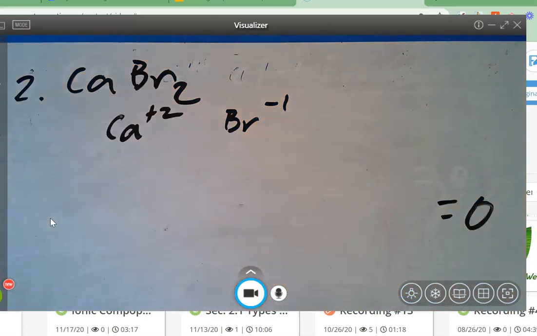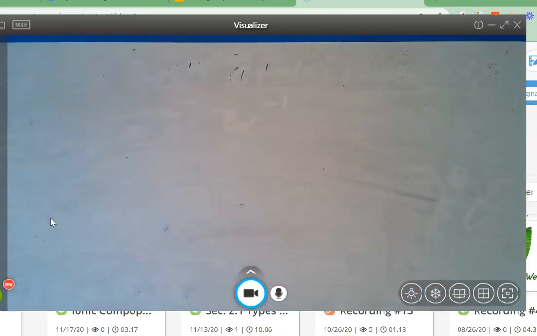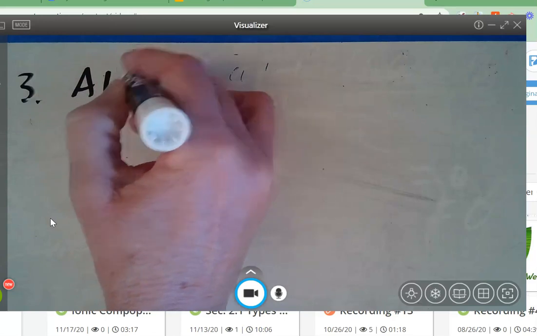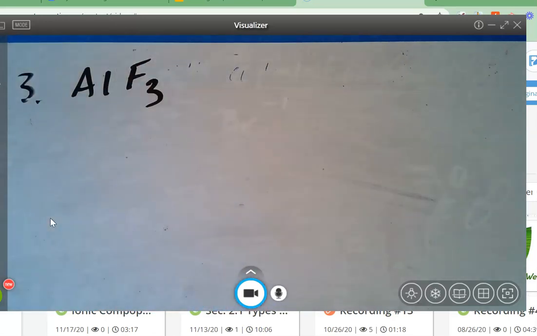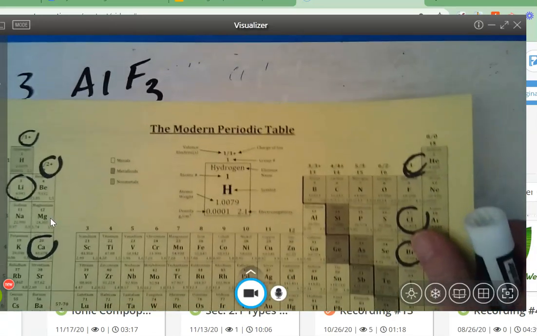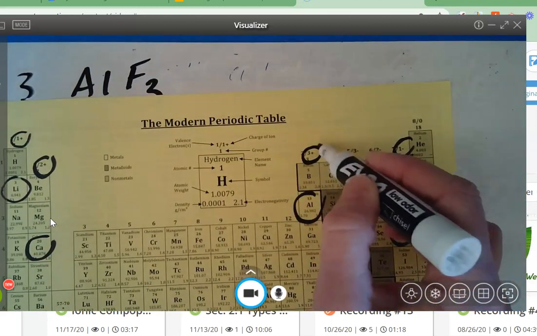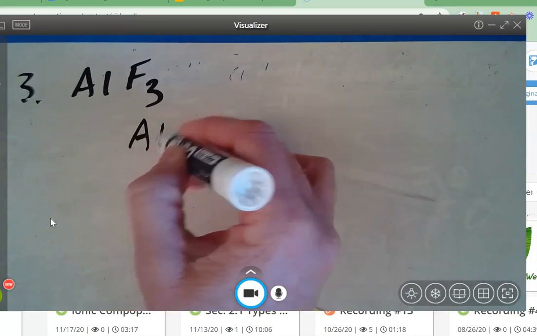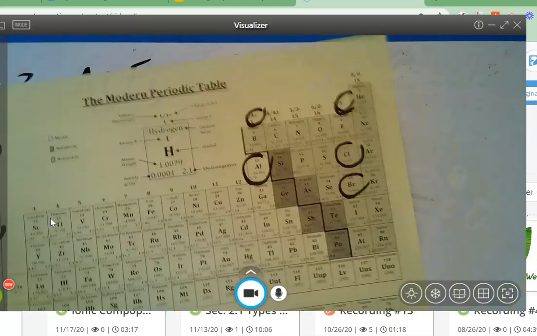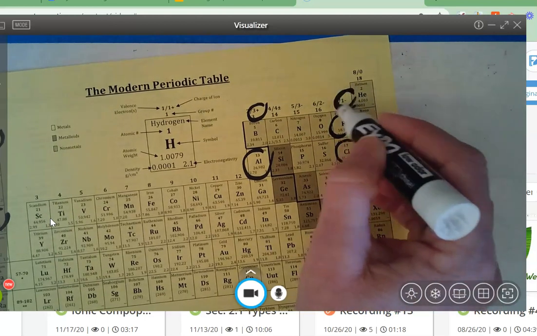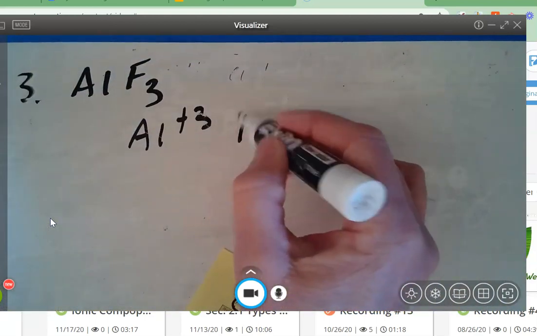All right, I'll do this one more time for the aluminum one. All right, example 3 was aluminum fluoride. I had 1 aluminum and 3 fluorides. Here is aluminum. It's got a +3 charge. Aluminum +3. Here's fluorine. Still a halogen, has a -1 charge.